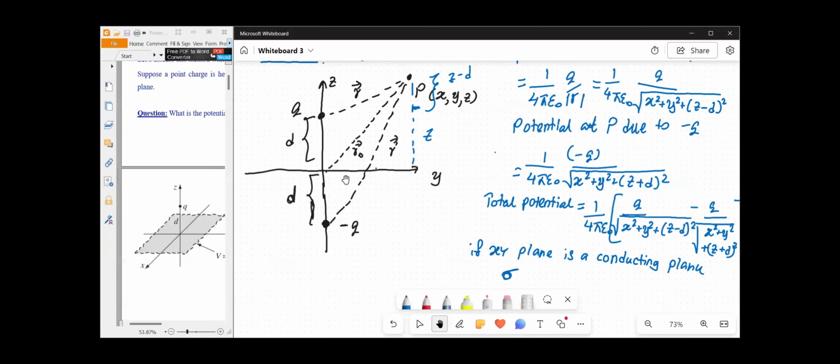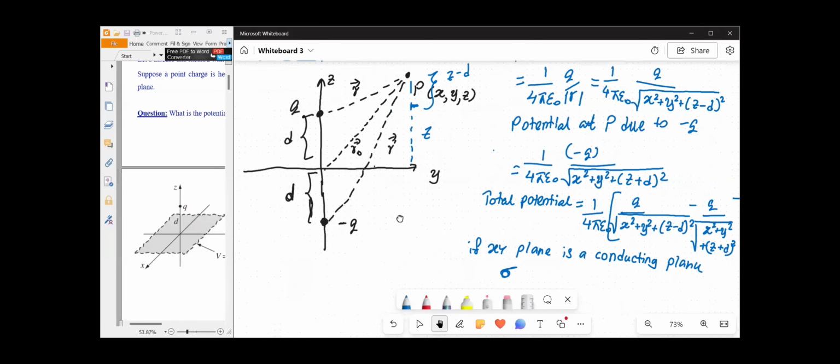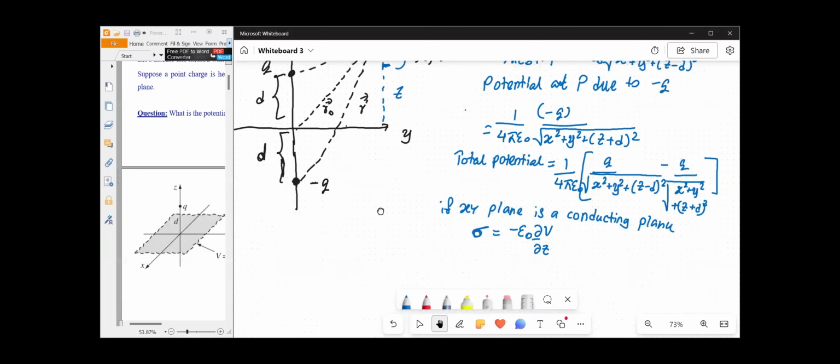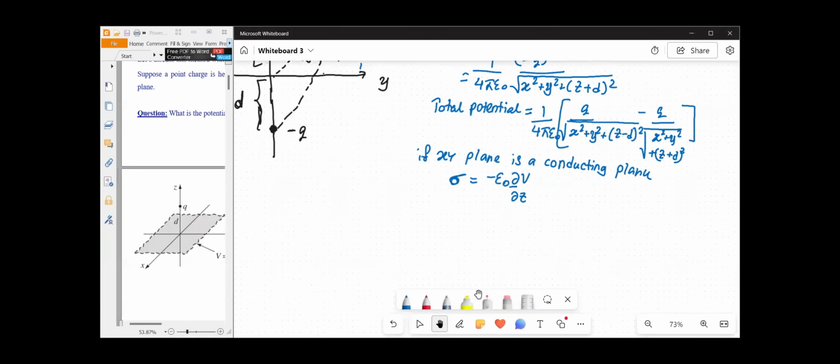In here, the direction normal to the conducting plane is z, since we assumed the xy plane is a conducting plane. So the derivative is with respect to z, and then we can calculate the charge density due to this potential.